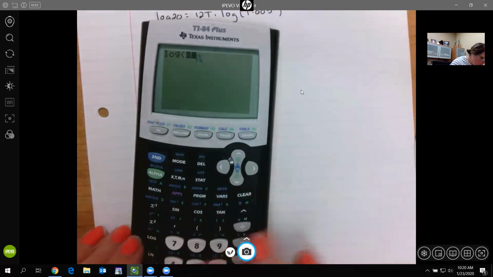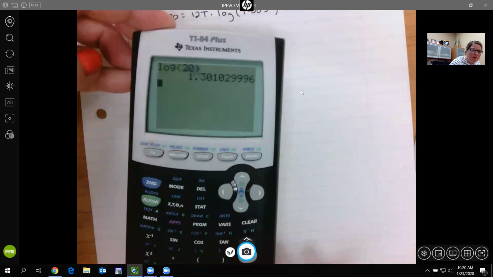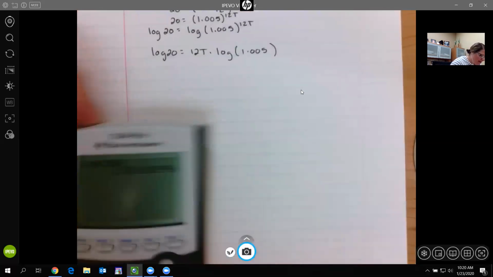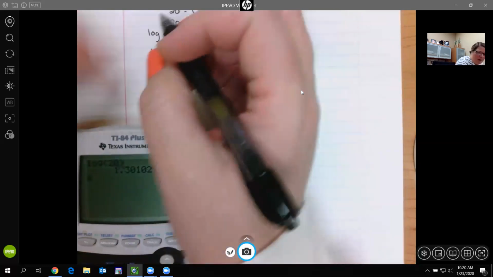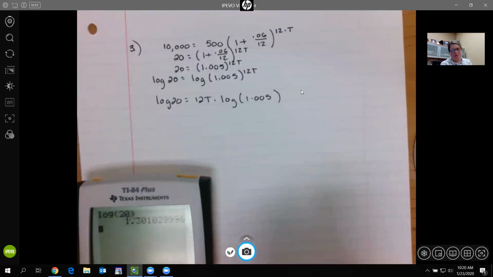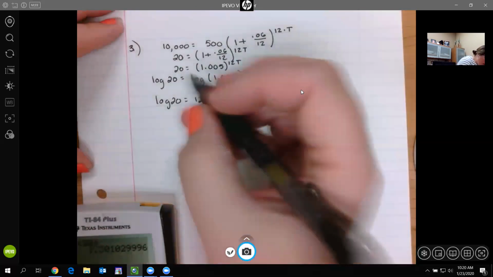So I'm going to do log of 20, and that gives me this number here, 1.300 whatever. Okay, and you're going to want to go out quite a ways because my MyMathLab will be picky. If it wants 3 decimals, you better go 5 or 6 so that you can round correctly. So let's go on the safe side and go about 5.